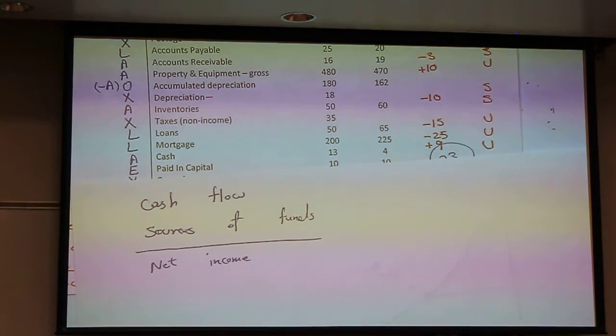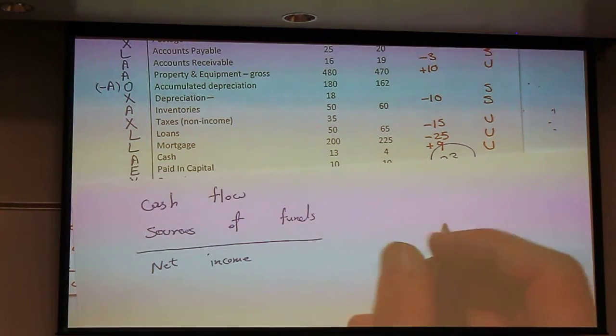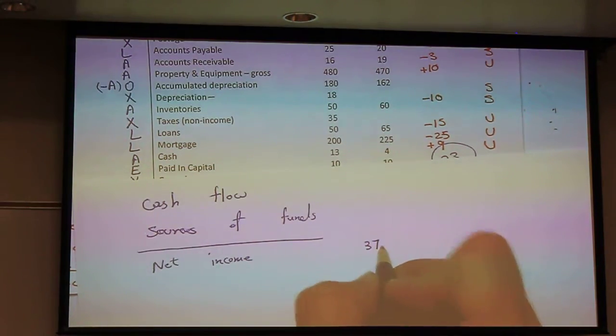If you make a mistake in your income statement, that is going to haunt you in the cash flow statement. Okay? You're going to run the test for the cash flow statement to figure out if you are good or not, but the numbers are not going to match and you have stressed out, you're running out of time, so be careful. Take your time. Net income based on my income statement is $37.2 thousand.